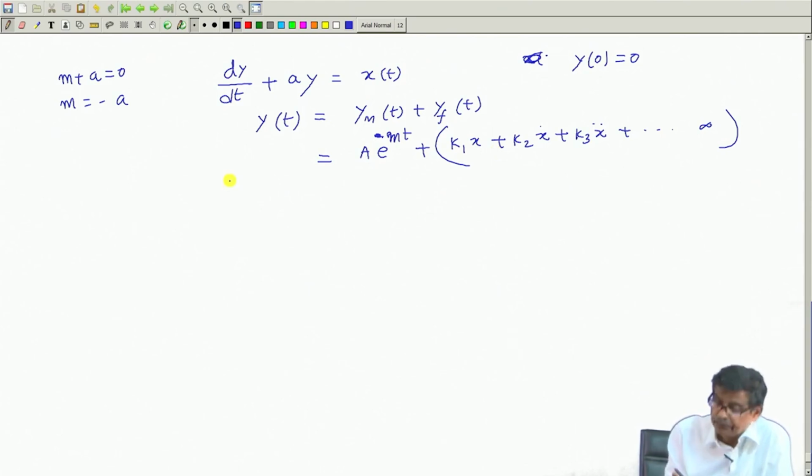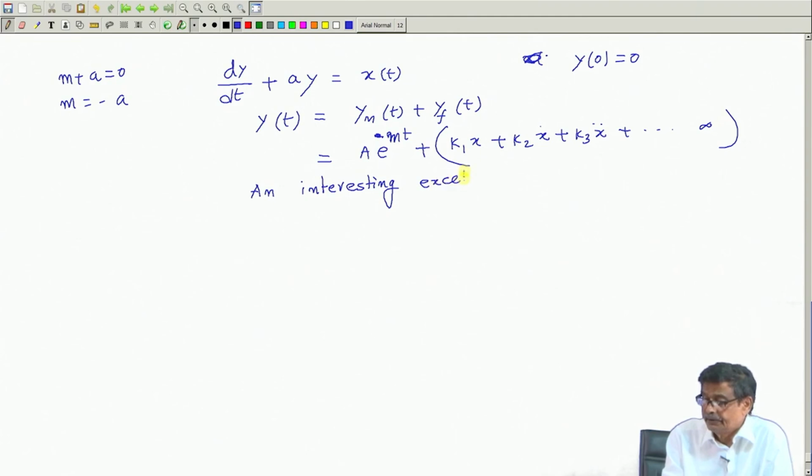There is one exception, that is why I have written this one. An interesting exception to this rule. What is that?